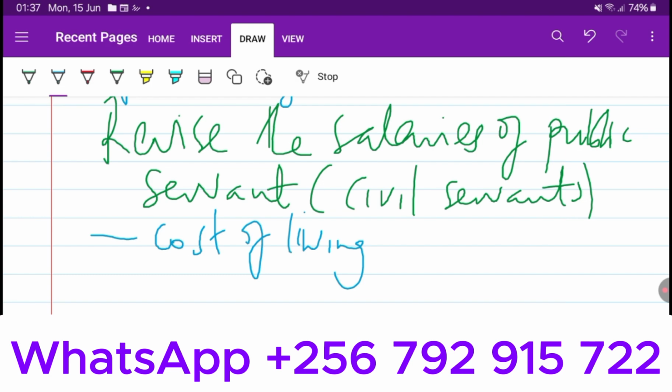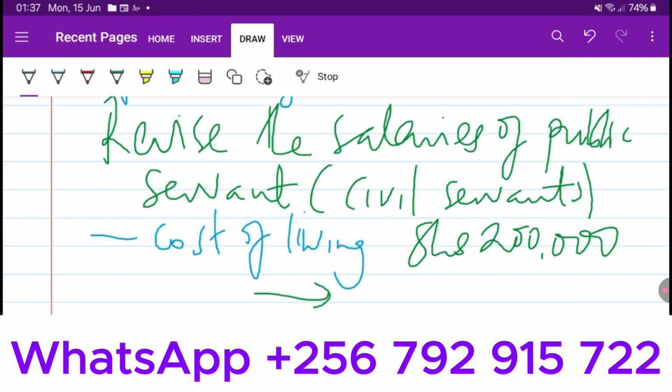Of course, most of the times, since the salaries are not always enough, the goal is always to find ways of how they can increase the salaries of the workers. So you find that maybe they have been paying the minimum, let's assume the lowest has been earning shillings 200,000, and according to the cost of living in a given area, now they are increasing the minimum to be at 250.